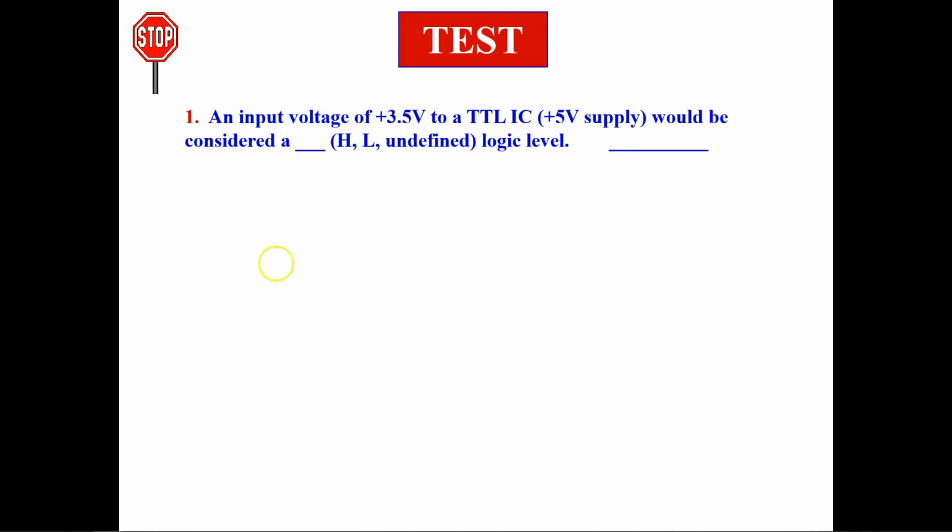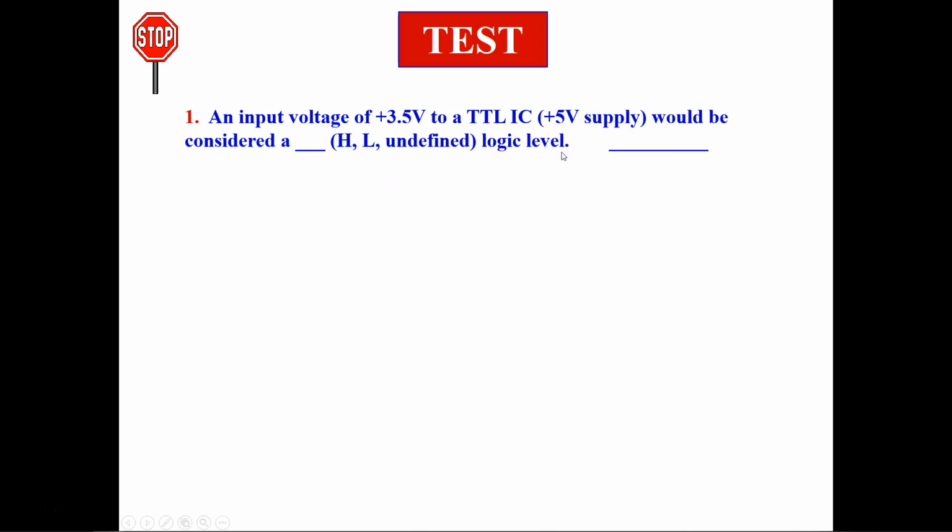This is the test. The first question says an input voltage of 3.5 volts to a TTL IC, which has a voltage level of 5 volts supply, would be considered a high, low, or undefined logic level.